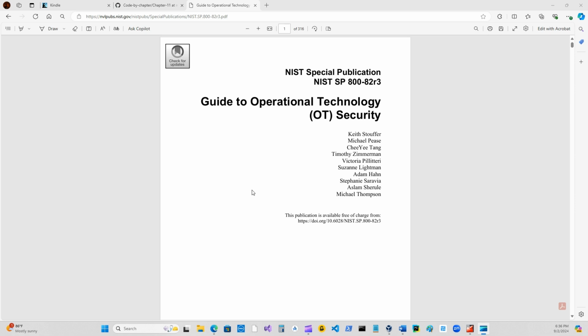This one right here is specifically the Guide to Operational Technology Security. So operational technology, and you think, what is that? What's the difference between operational technology and information technology? Because they're so intertwined. They're trying to intertwine them now and make them converse with each other, right?